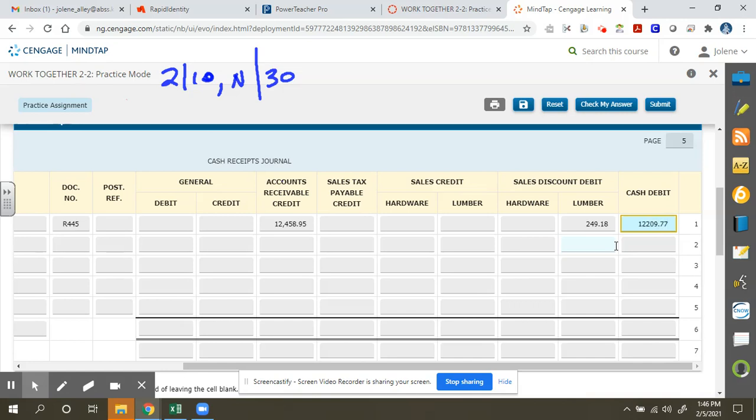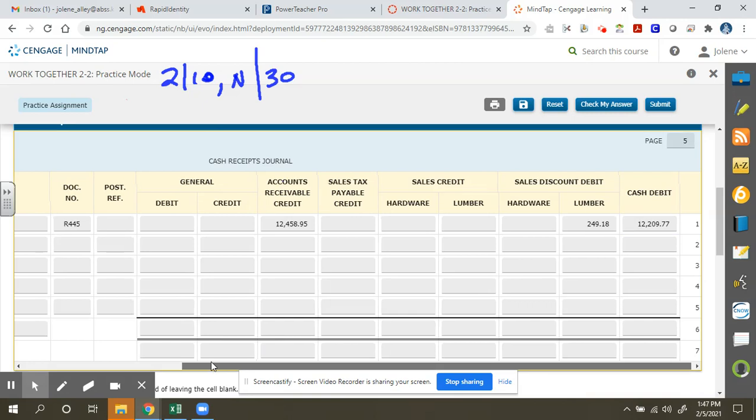I got that their check actually said $12,209.77. Now, I always like to check my work right here while I'm here and make sure that I've done it right, so that I don't have to come back later. I have to make sure my debits equal my credits. Yep, I got it the second time too.